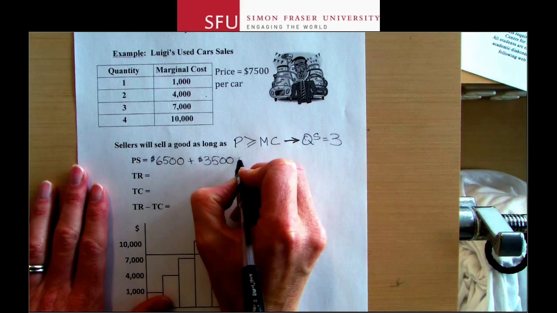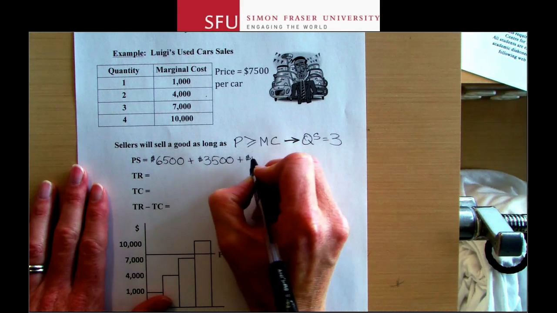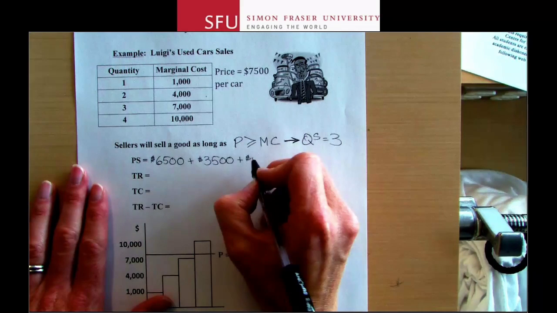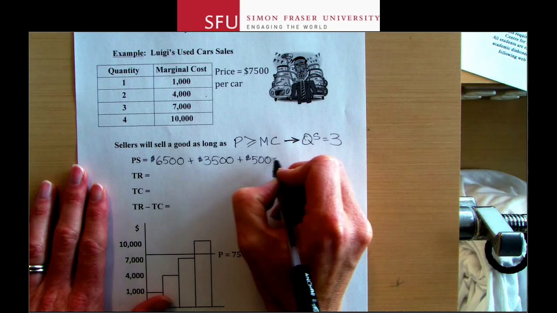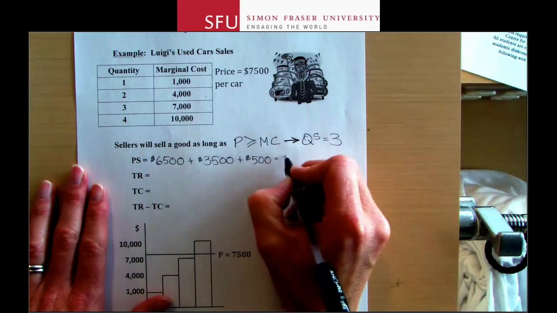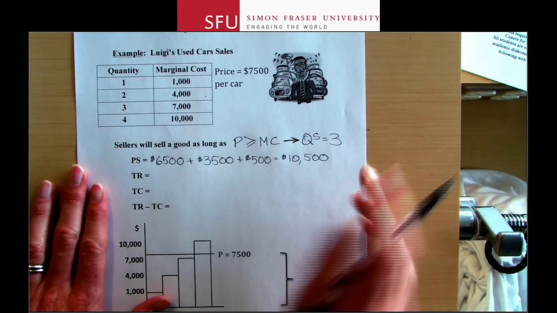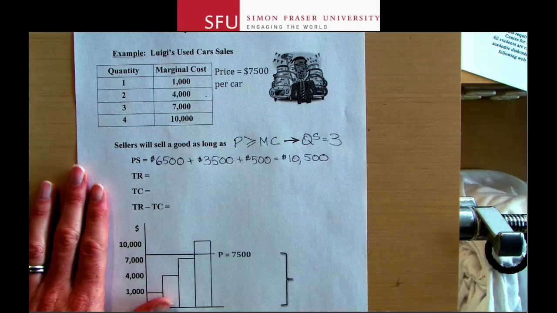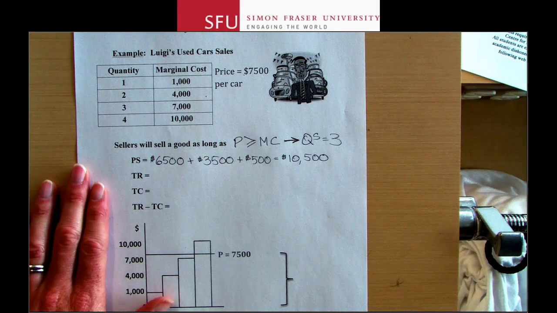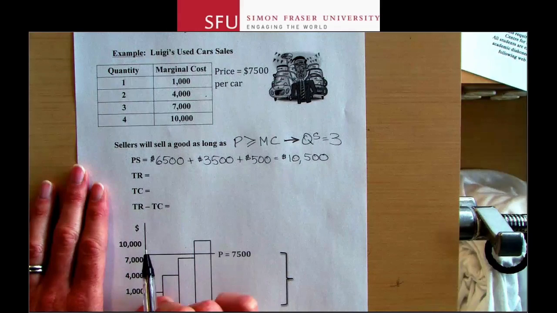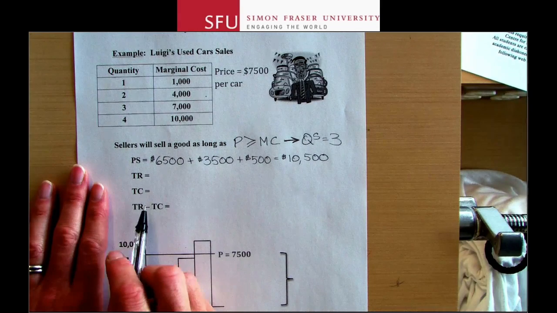And then for the third car, 500. So that's calculating producer surplus per unit, but we can also calculate it a different way: the total amount they're paid for all three cars minus their total cost for all three cars.